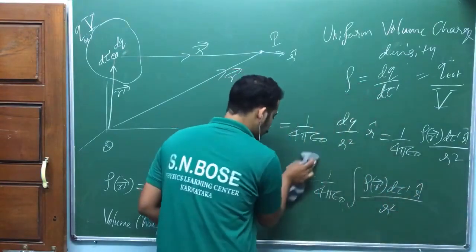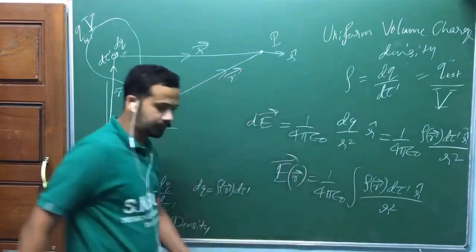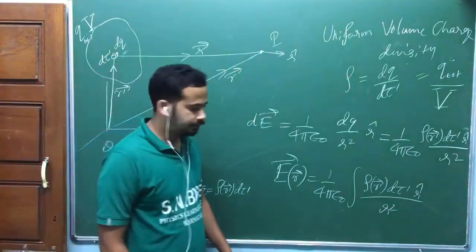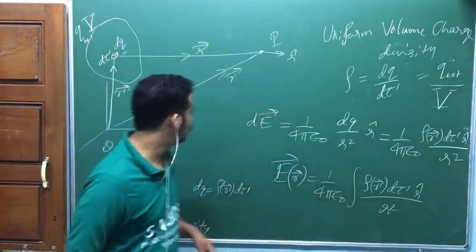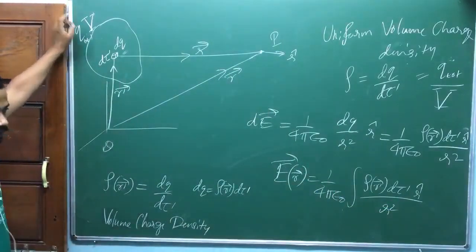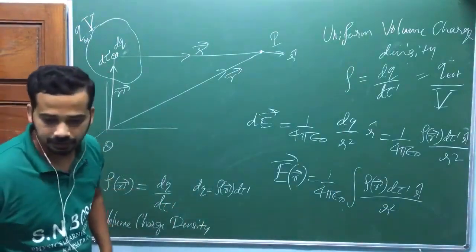Remember, this is the electric field at r, and the integral is over r prime. That's why we have written dτ prime.